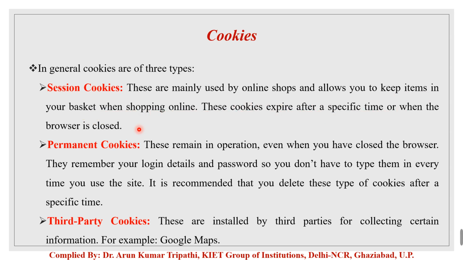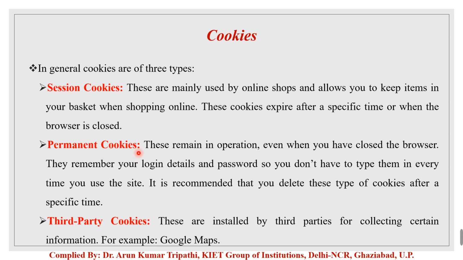So these cookies are used for a particular session, or until the browser is open. For example, once you have entered the login name and password and visited a number of web pages, when you close the browser it will again request the login name and password.